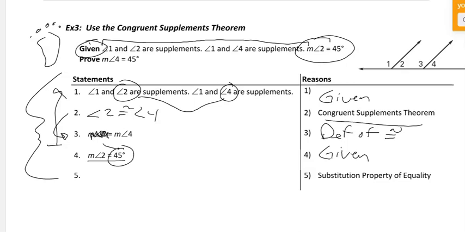How can I just erase that and put in a 45? Substitution. So we can go to measure of angle 4 equals 45 degrees. The book gets a little sloppy here because technically it should be 45 equals measure of angle 4, and then we'd have to switch it using symmetric property, but the book is just being sloppy and does that together.